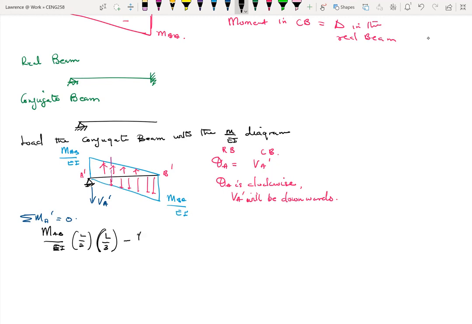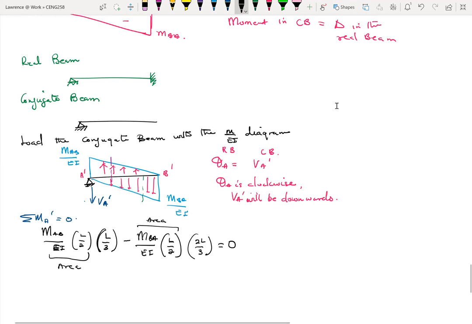So you get negative MBA over EI times L over 2, so this whole thing is the area here, times the moment arm from the centroid of this triangle to A, which becomes 2/3 of L. So it becomes 2L over 3. And all of this is equal to 0. Okay.